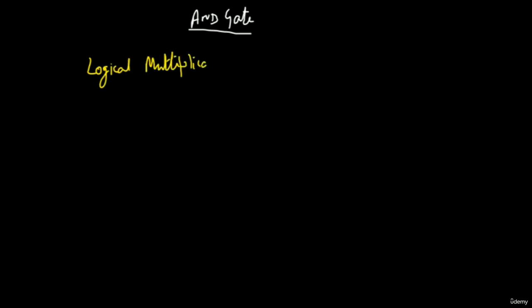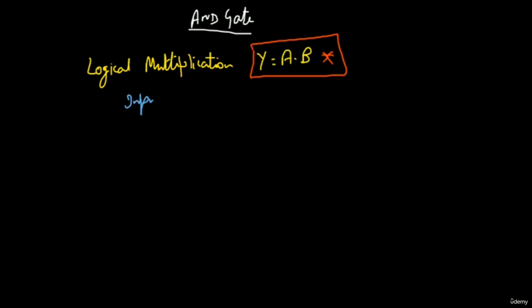What in the logical multiplication do we actually do? Well, Y is equals to A dot B. This is the fundamental result that we do have. This is our formula part. And now it's time to get through its truth table. So we have inputs as usual and output.